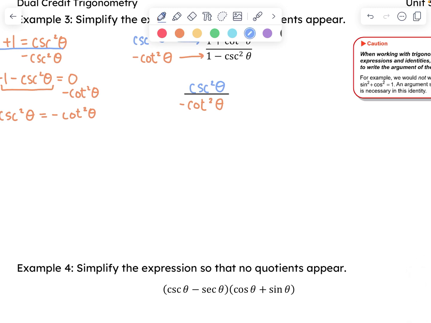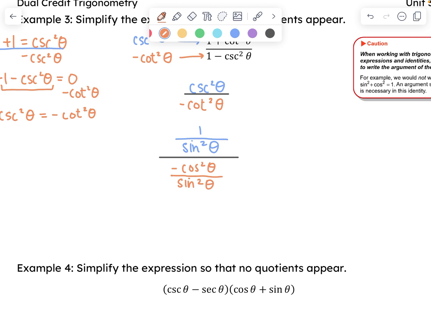So cosecant squared would be 1 over sine squared theta, and negative cotangent squared would be negative cosine squared over sine squared.